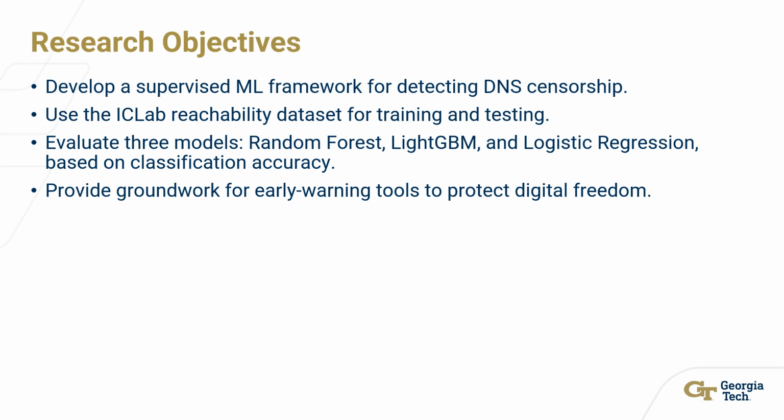For this research, we used three different types of algorithms, which include random forest, LightGBM, and logistic regression. These are used to compare the classification performance. Based on this, the broader goal is to build the foundation of an early warning tool that can help protect digital freedom and access to information.